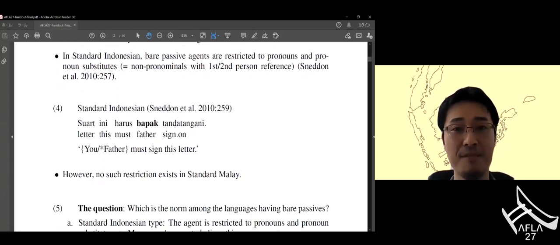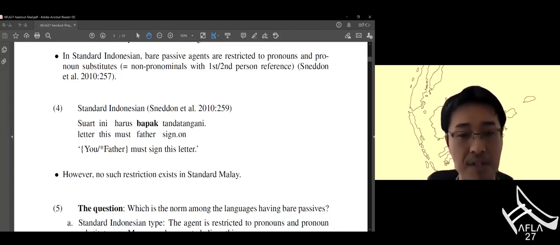Standard Indonesian bare passive agents are restricted to pronouns or pronoun substitutes, as in 3. In 3, the agent is bapa, meaning father, and in this sentence, bapa can only be interpreted as referring to the second person and cannot be interpreted as meaning father. However, as far as I know, no such restriction exists in standard Malay.